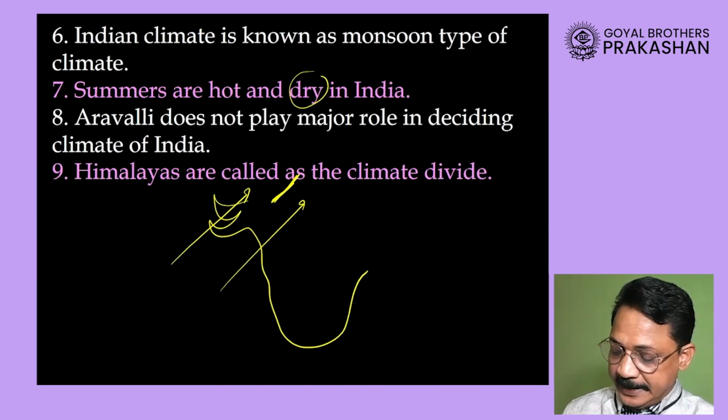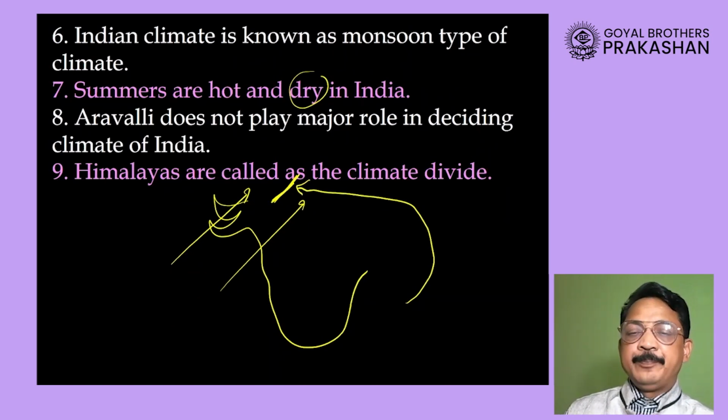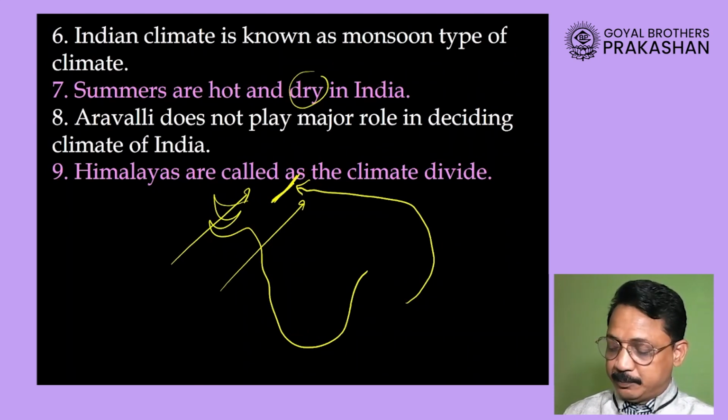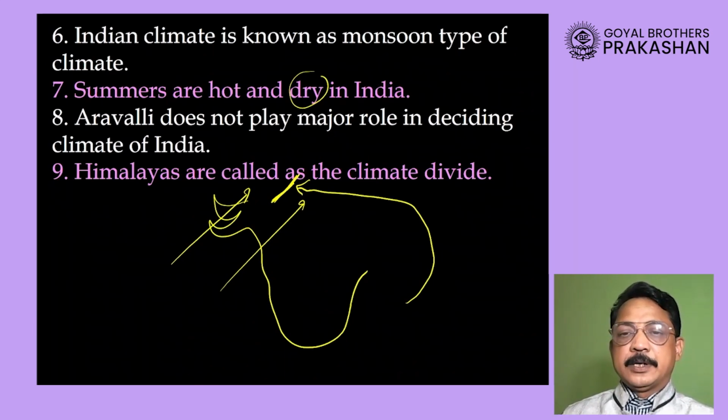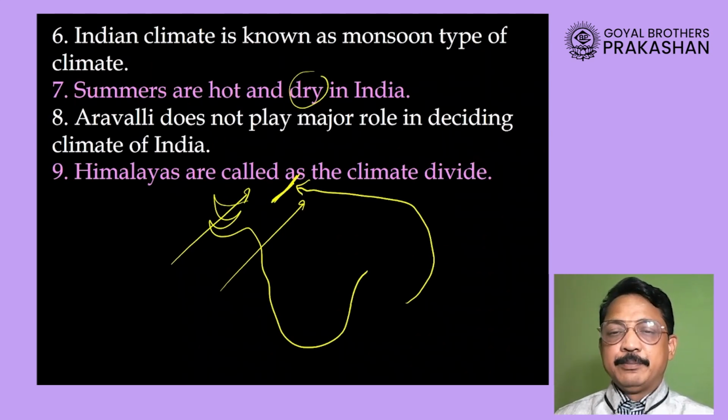As for the Bay of Bengal branch of the southwest monsoon winds, by the time it reaches the Aravalli, it is almost dry, because the Aravallis are located very far away from the Bay of Bengal branch. So they are not able to play a very important role in deciding the climate of India.